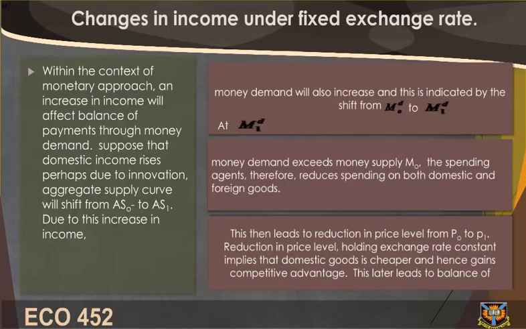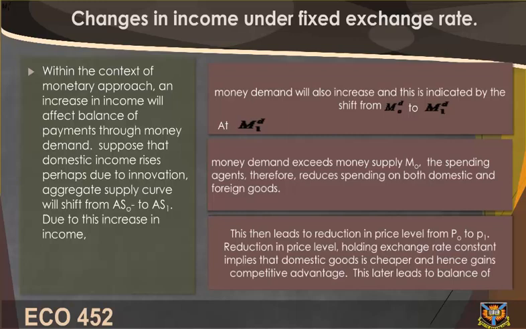Changes in income under fixed exchange rate. Within the context of monetary approach, an increase in income will affect balance of payment through money demand. Suppose that domestic income rises perhaps due to innovation, aggregate supply curve would shift from AS0 to AS1. Due to this increase in income, money demand will also increase and this is indicated by the shift from M0^D to M1^D.